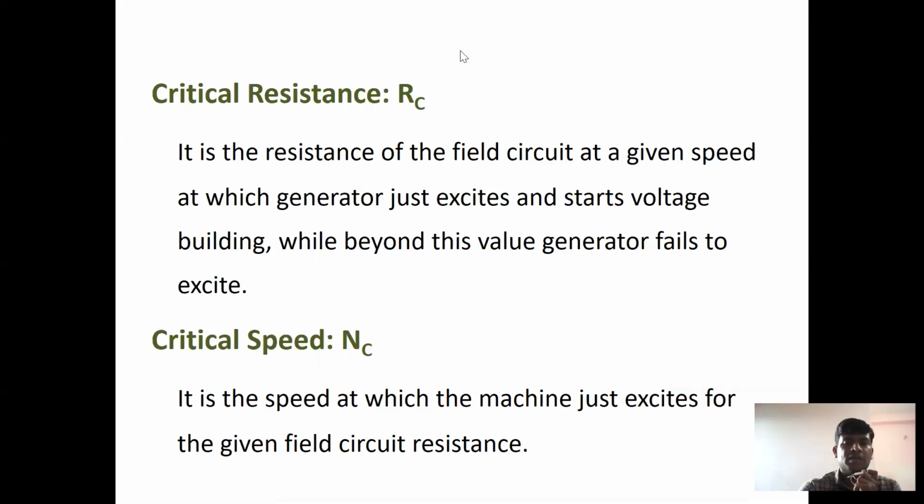So these are the main points. The critical field resistance is the resistance at which the generator just excites and starts the voltage. The speed at which it just starts the excitation is called the critical speed.